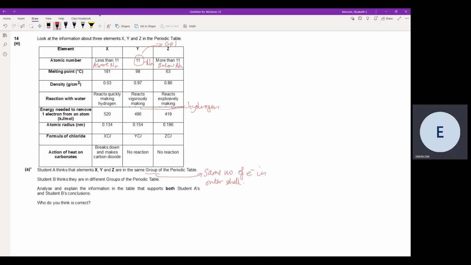Okay, so let's see if the data fits. Well, we know that the trend in melting points for the periodic table for group 1 is that the melting points decrease. Okay, so whenever it agrees with A, so if it's consistent with A, I'm going to give it a tick.